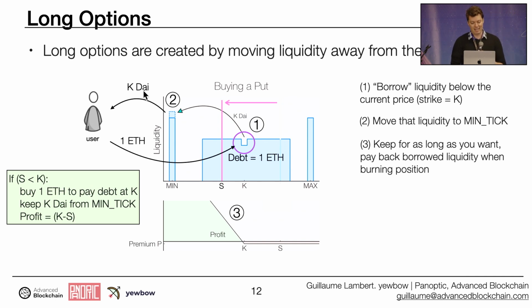And since they can buy 1 ETH much lower in price than K, the actual profit is K minus S. And you actually recover this exact payoff curve. The key point is that you can store the liquidity in the pool and just have the users move it back and forth without really accessing it. They make the profit by selling it at a fixed price regardless of the current price of ETH.